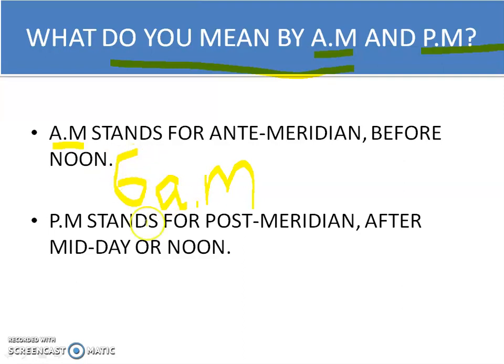And PM stands for post meridian. So the time after noon and before midnight is followed by PM.